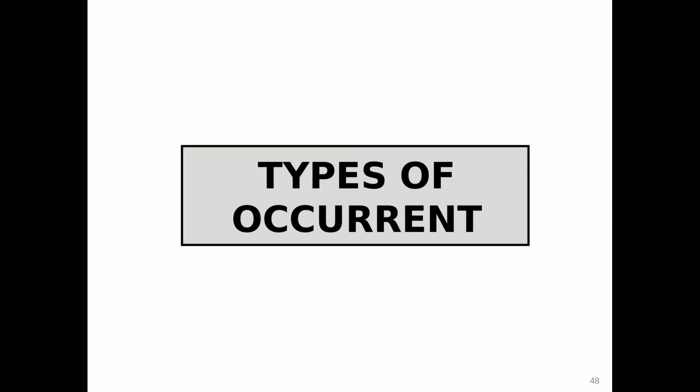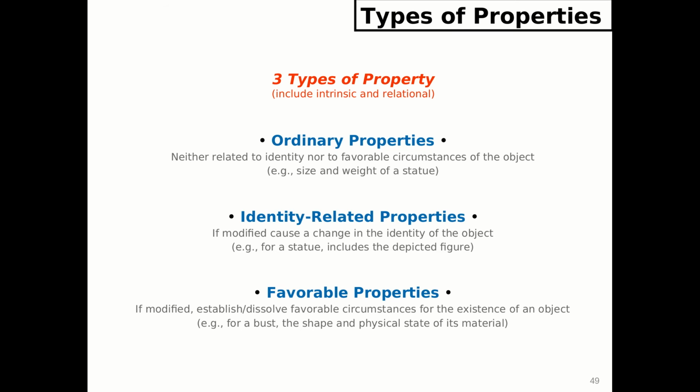Given the notions discussed so far, we can proceed to the types of occurrent we propose in this work. They are based on three types of property. First, the ordinary properties, which are neither related to identity nor to favorable circumstances of the object. For example, for a statue, its size and weight.